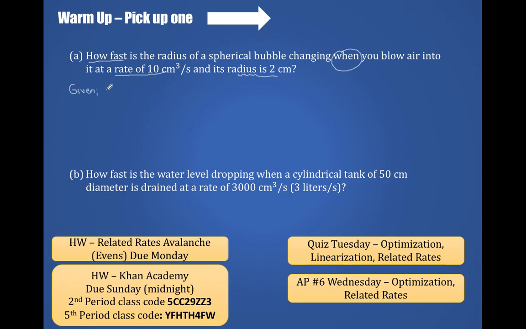But I'm given a rate of what? Cubic centimeters. What is that? I'm given the rate of change of the volume with respect to time, and that is 10 cubic centimeters per second.